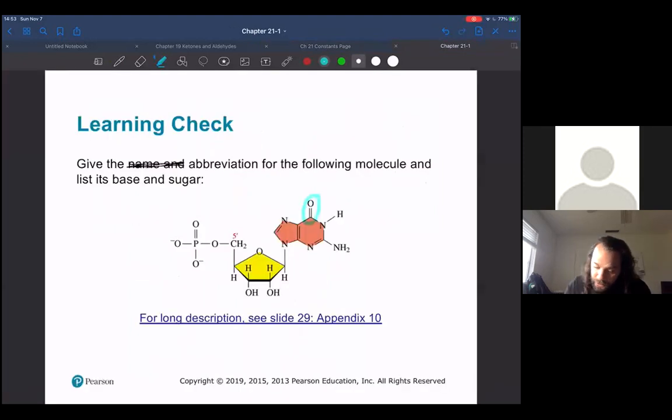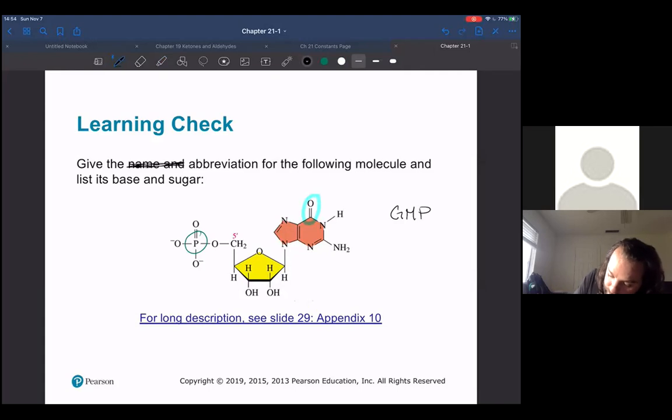So this would be G. Again, that's the RNA component, so I'm not going to put that little D out front. There's only one phosphate group on here, so this is GM for mono, GMP. If there were 2 phosphate groups, it would be GDP. If there were 3 phosphate groups, it would be GTP. There's only one, so it's GMP.